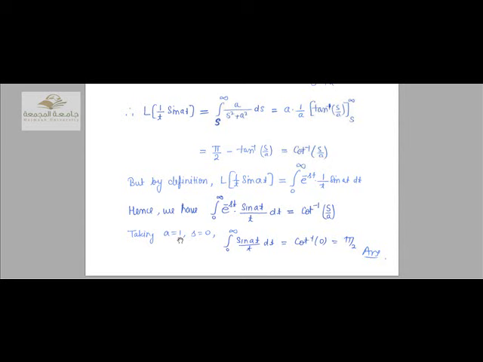Taking a is equal to 1 and s is equal to 0, we get the integral from 0 to infinity of sine t over t dt is equal to cot inverse 0 is equal to pi by 2, which is the required solution of the given problem.